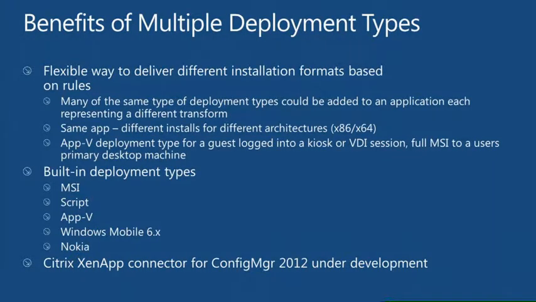I'm also going to be talking about what's new in SP1. So I'll tell you all the new features we have around deployment types, all the new features we have in PowerShell, etc. So let me start with deployment types.